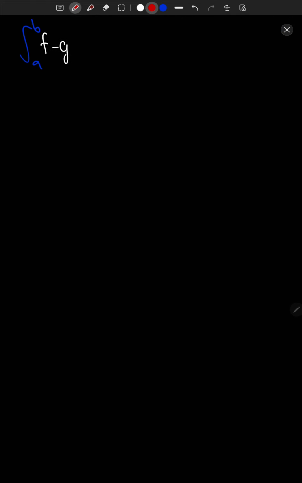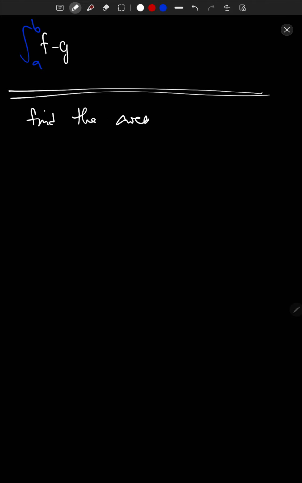Our next example, let's phrase it in terms of area. Let's find the area of the region in the first quadrant.